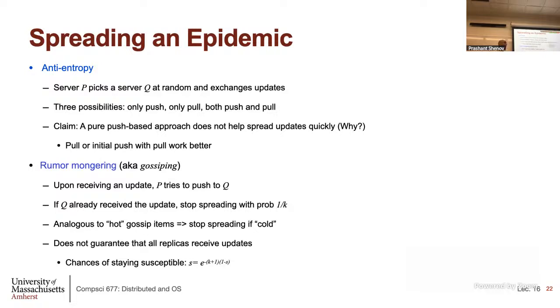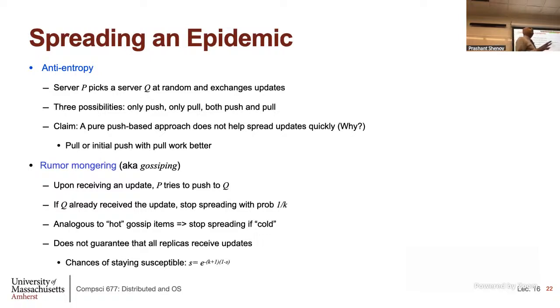After every time you tell somebody, you toss a coin with some probability P. Let's say the coin says heads with some probability P and tails with probability 1 minus P. It's not 50-50; we'll assume it's different. So with some small probability P, it says heads and you say, I stop, I think it's enough. So you have a randomized backoff for when you stop spreading your rumors. That is called rumor mongering or gossiping.